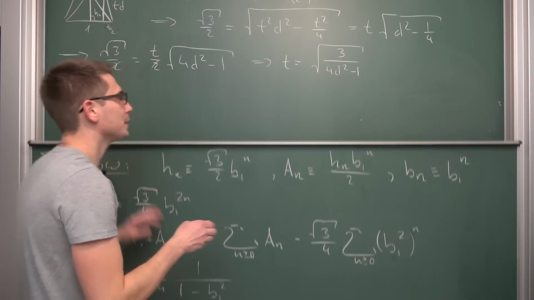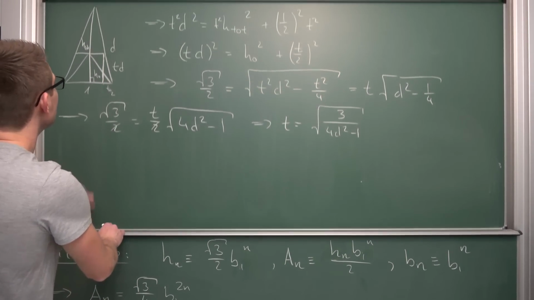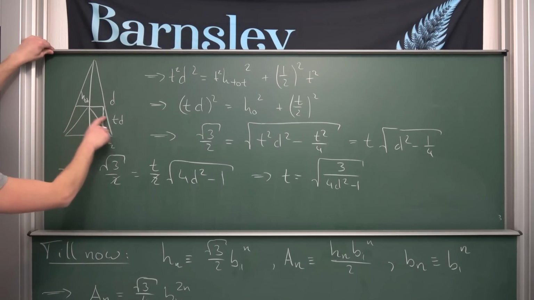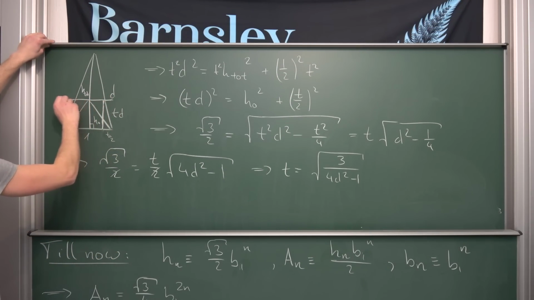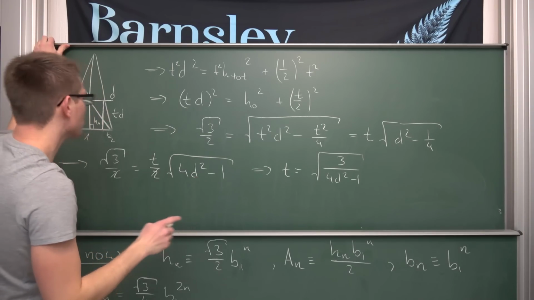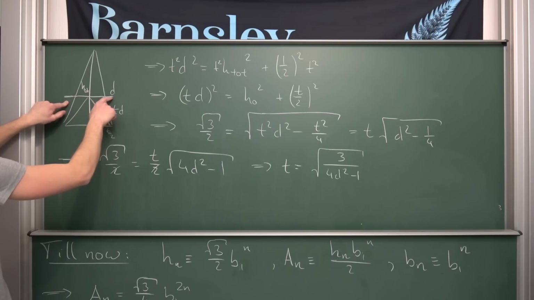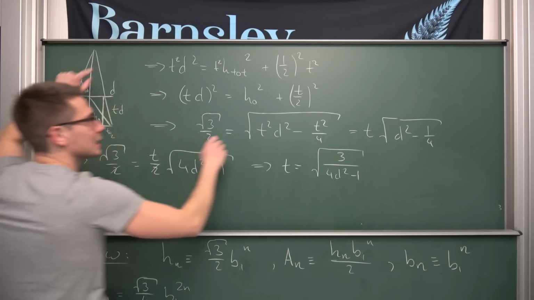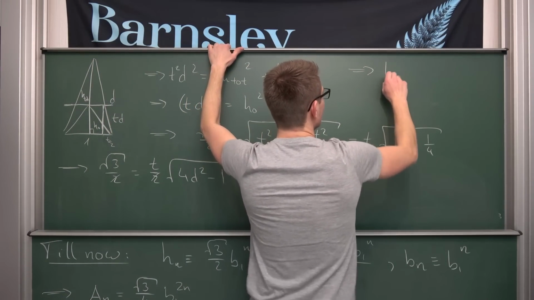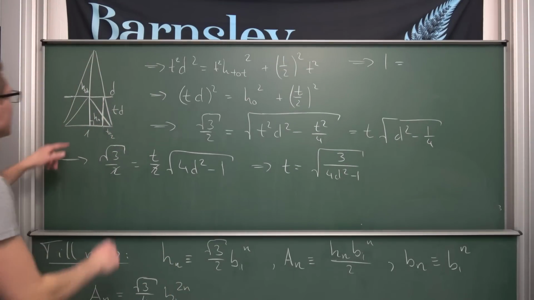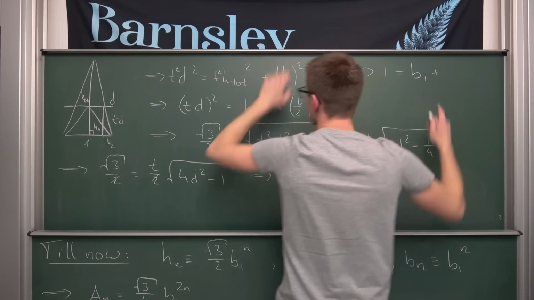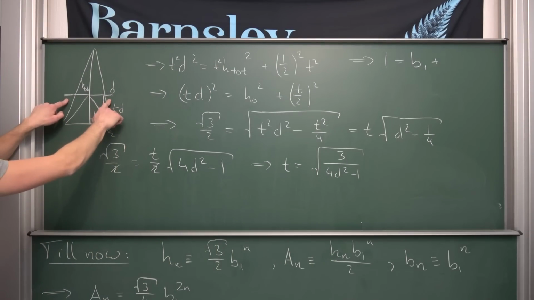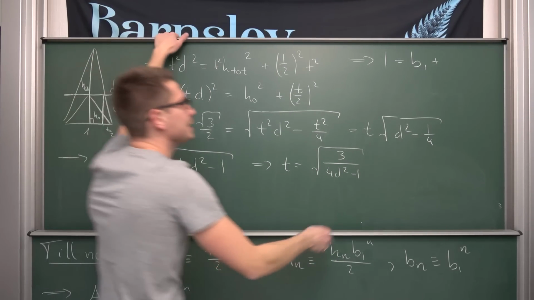Well, it gets a tiny little bit better than that, because remember, what is our t? Our t is basically this gap being filled in here on both sides equally, such that we get a length of 1, meaning the length of 1 that we are having here is nothing but, we are going to take the base B1 and add to it 2 times this length, which is exactly t over 2.